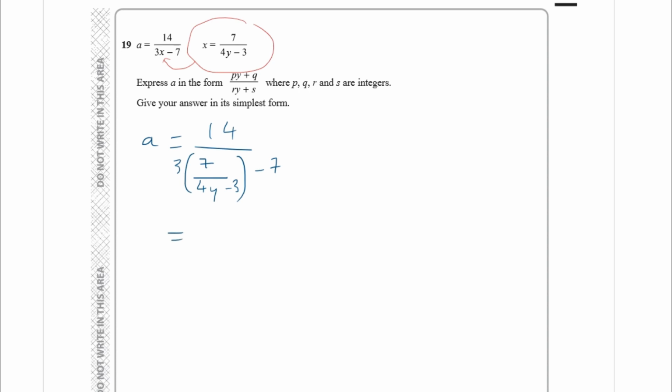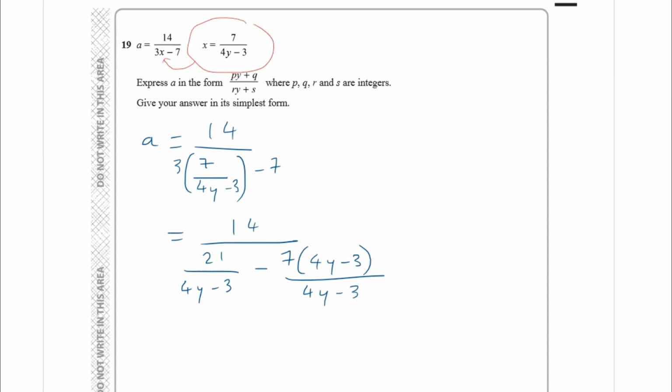So the 14 stays at the top, and then at the bottom we're going to have 3 times 7, which is 21, over 4y minus 3, and the 7 here is not on the same denominator, so we need to put the 7 over 4y minus 3, and the way to do that is to multiply top and bottom by 4y minus 3. So let's do that. So everybody over 4y minus 3.